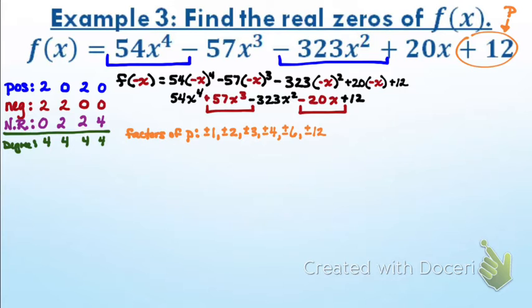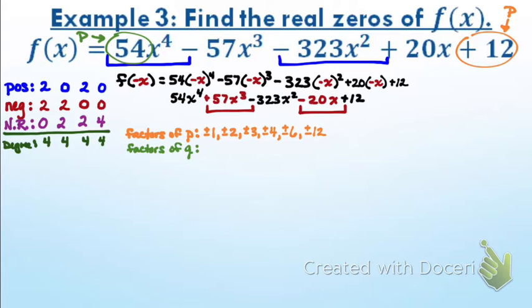And then we want our factors of Q. What is Q? Yeah, we've got 54 up here.